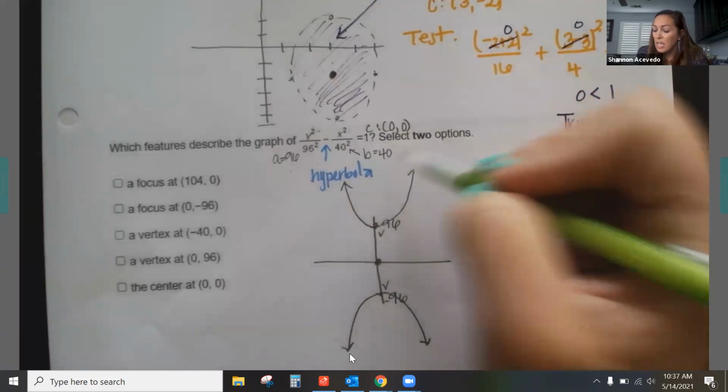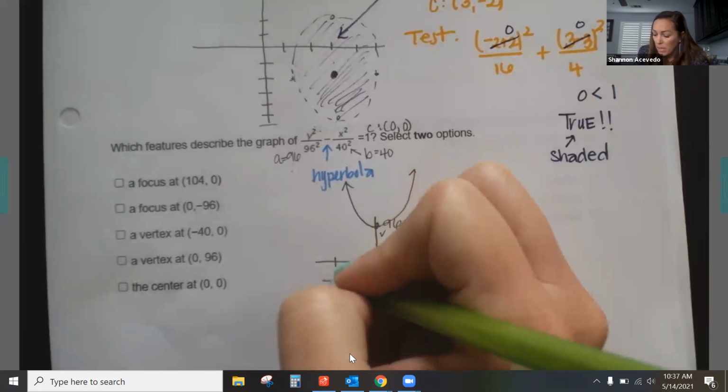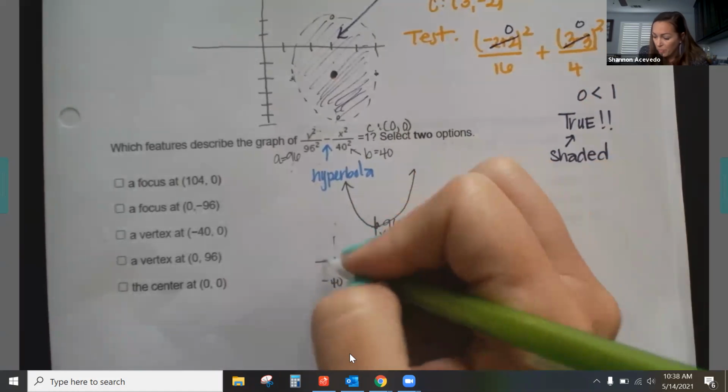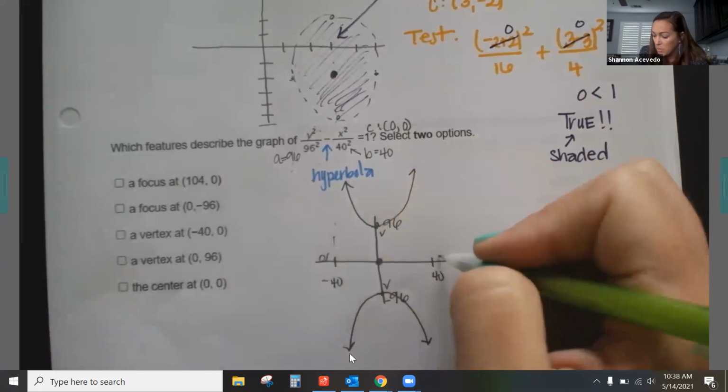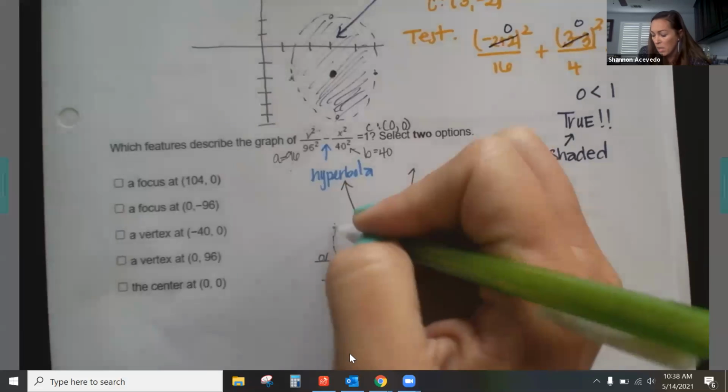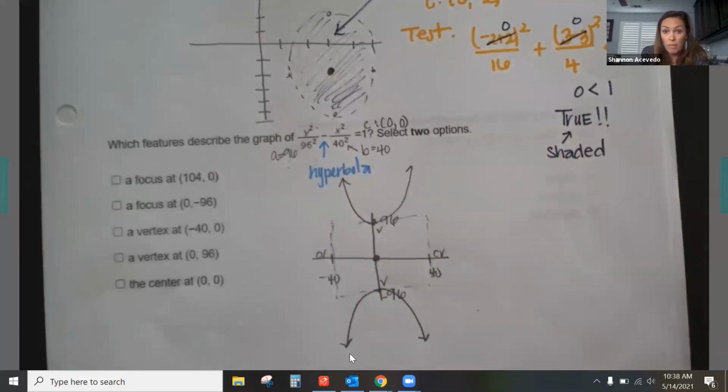And the other piece of this is I know my B, so I know it's going to be negative 40 and 40. So this box right here, these are my co-vertices. This box helps me with my asymptotes and identifying them, or you can use the formula, whatever you want, but I don't really need it to figure out anything else in here.